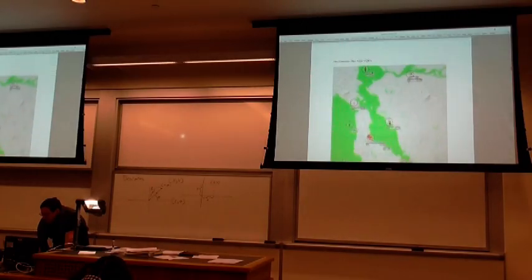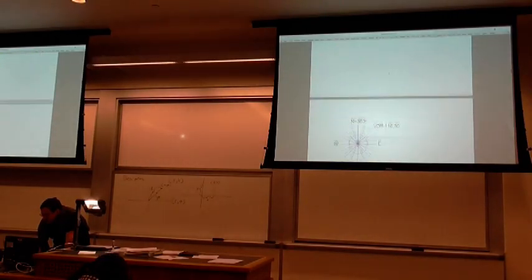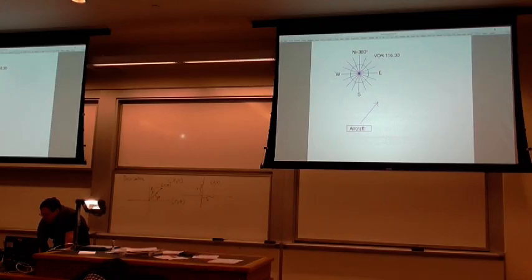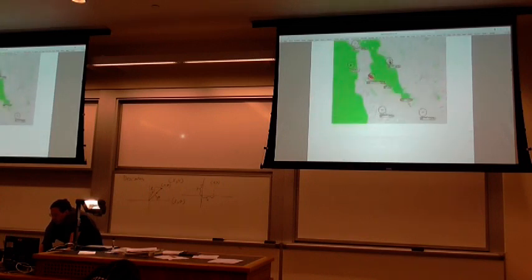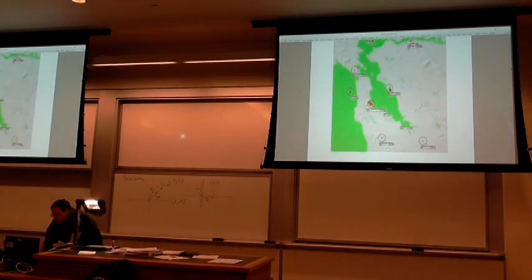Something else, there still are a lot of NDB sites around. They don't just close them down, but they have a fancier system called the VOR, which is a VHF omnidirectional range.